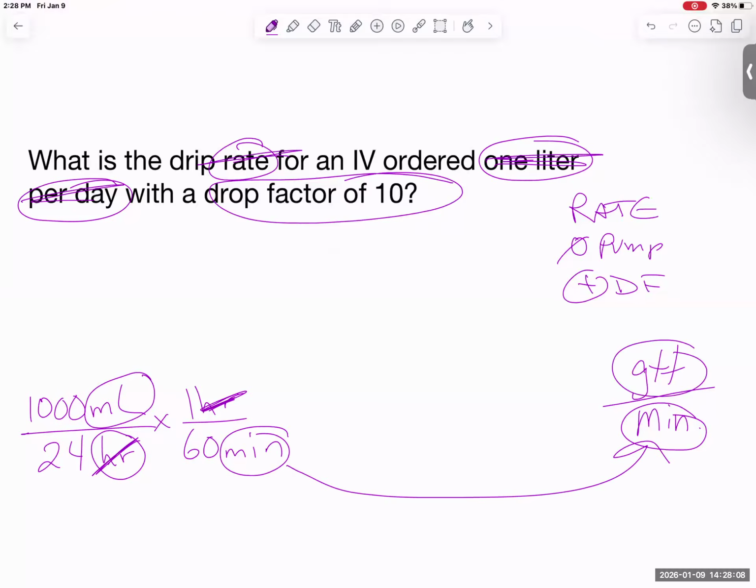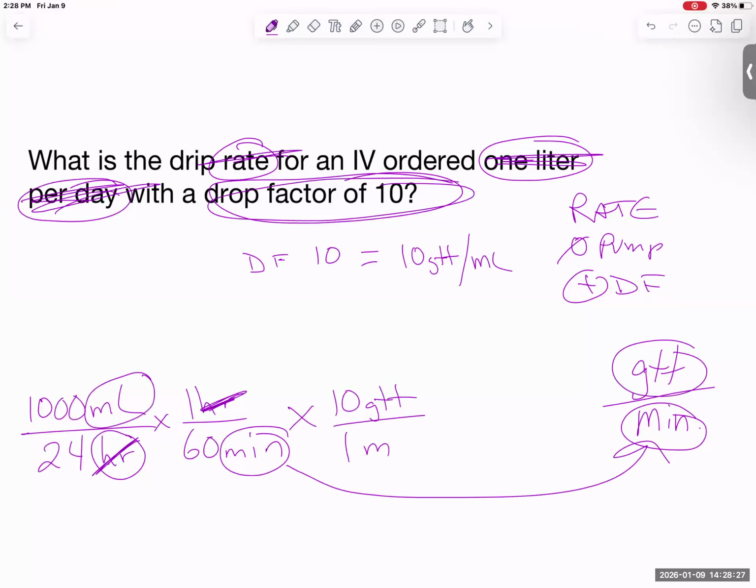I've used everything in my problem except for the drop factor. So what does it mean the drop factor is 10? What does that mean? It takes 10 drops to make 1 milliliter. So that's what I'm going to use. 10 drops to make 1 milliliter. And that crosses off my milliliter and leaves drops.